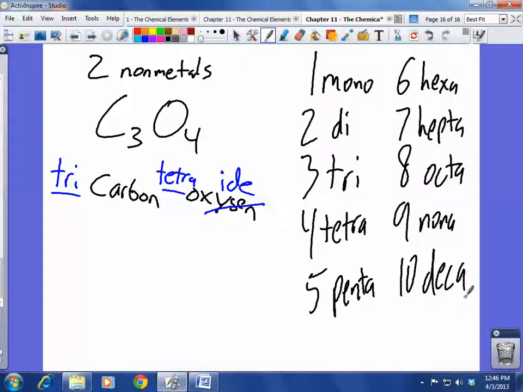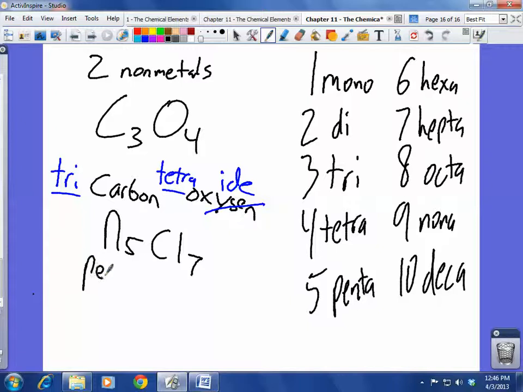But if we talk about something simpler, let's say we have N5Cl7. So nitrogen and chlorine. What would I call that? Penta. There we go.